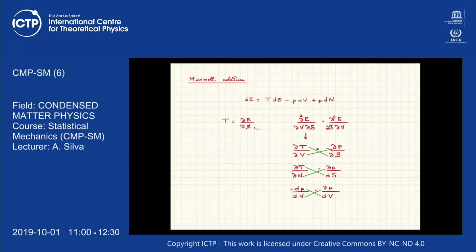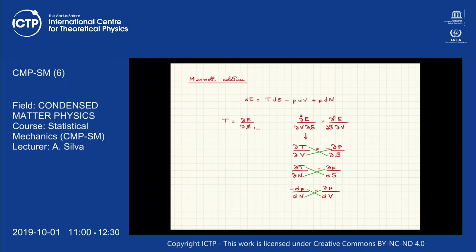For example, if I want to use volume and temperature, then what is conjugated to temperature? Entropy. What is conjugated to volume? Pressure. So dS/dV equals dP/dT. And then I have to think about the minus sign. Okay? It's very, very simple.